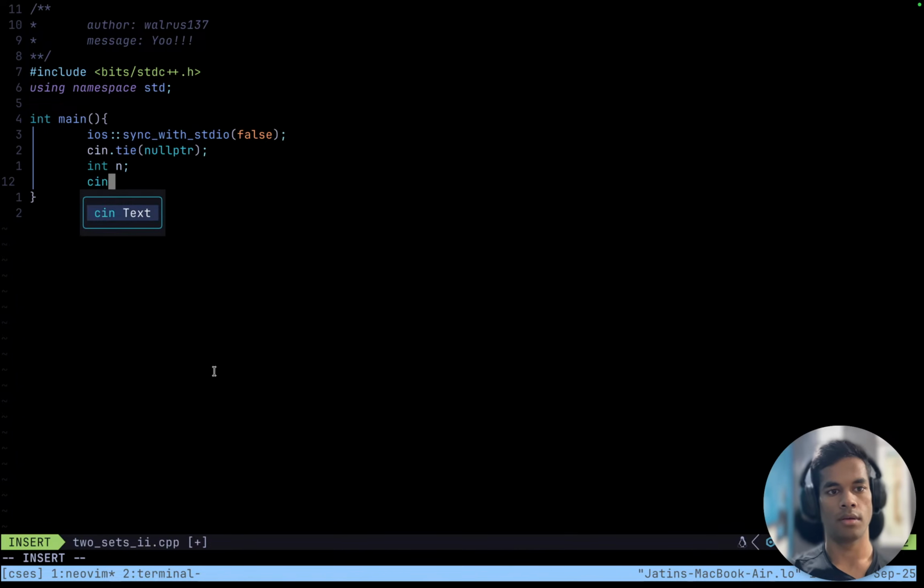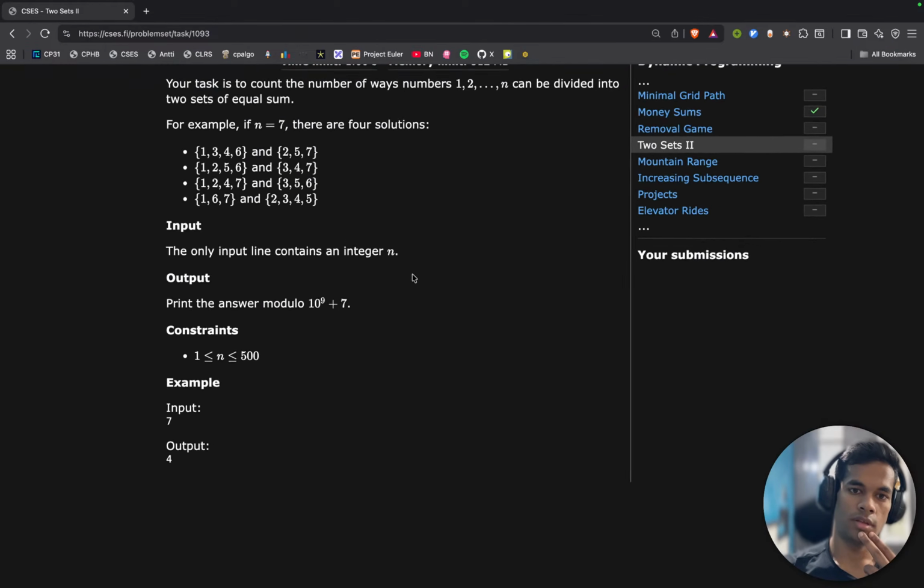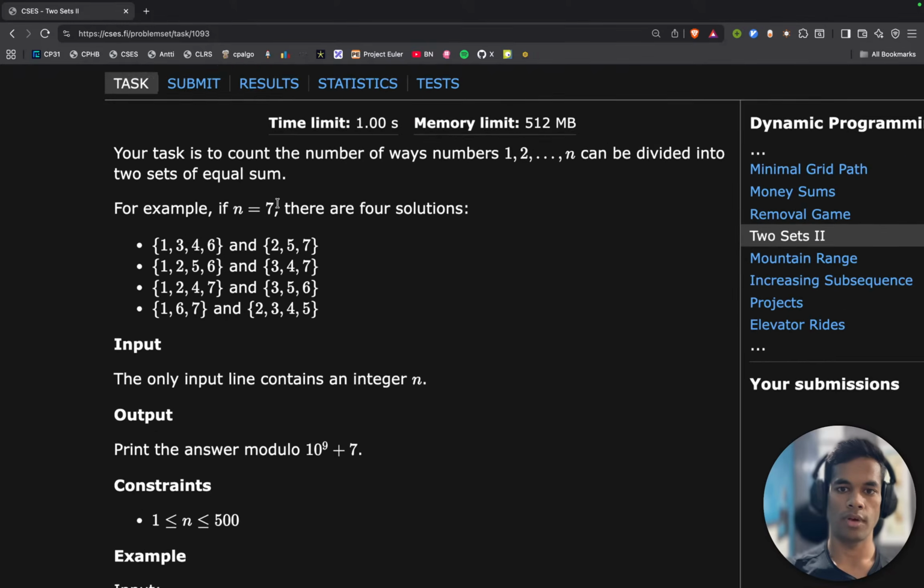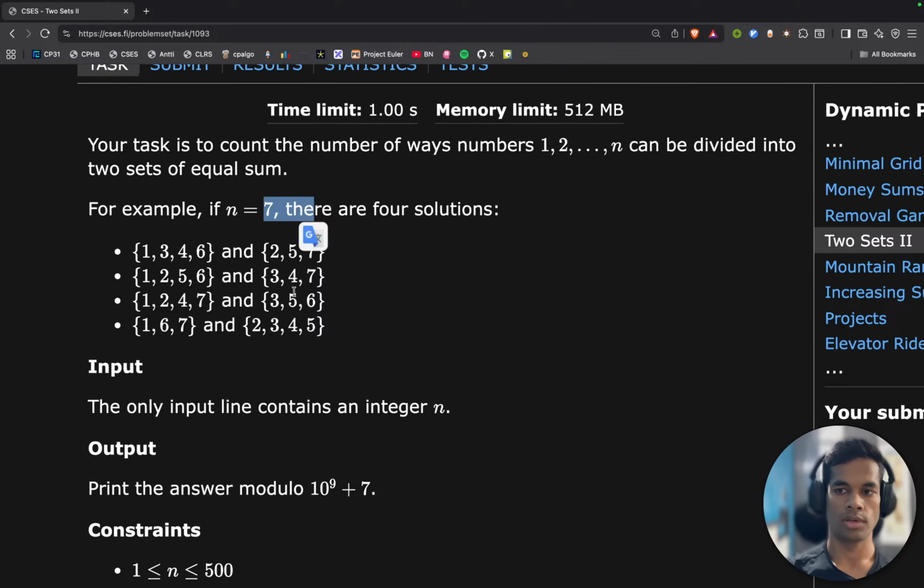And n, C in n, and the thing is, depending on n, what if the sum of the first n numbers is not divisible by 4, not divisible by 2?